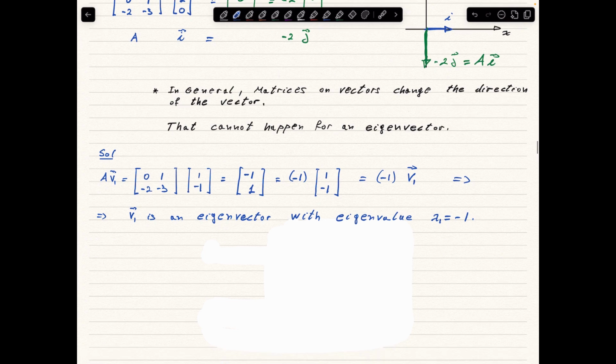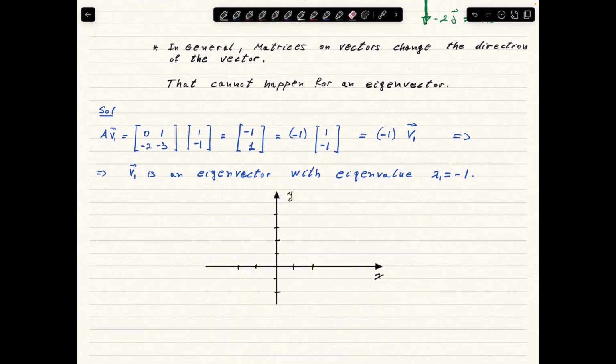Okay, so we can do a little picture. What is the vector we are working with? 1 horizontal, negative 1 vertical. Let's do it in blue. So that should be more or less this vector here. This is the vector v1. And the result of the matrix acting on the vector v1 is the negative of that vector.